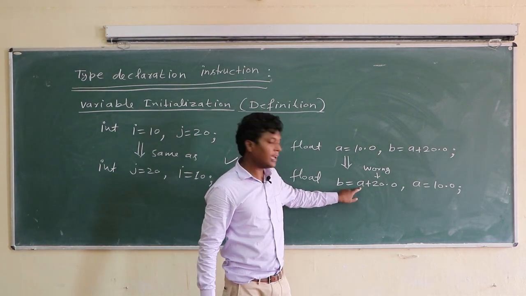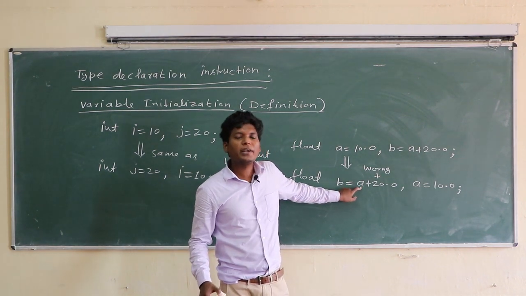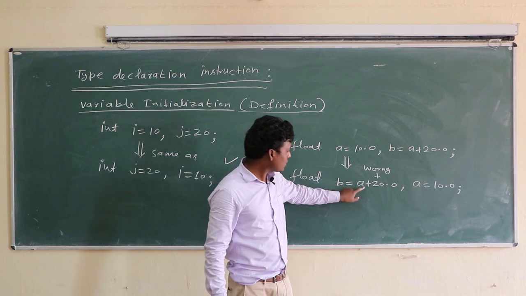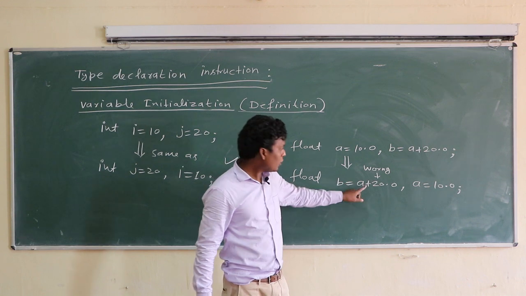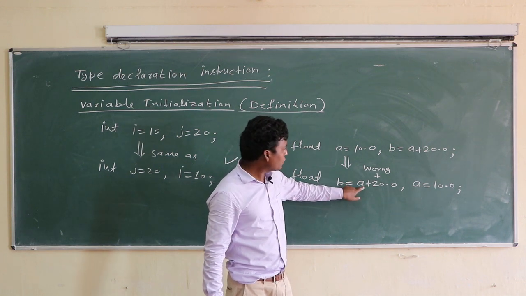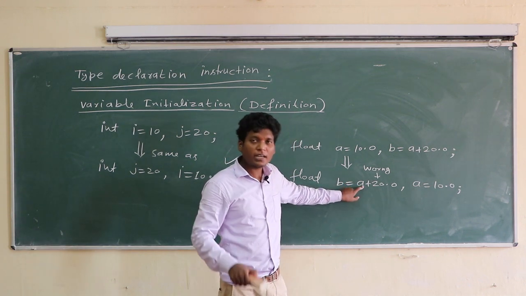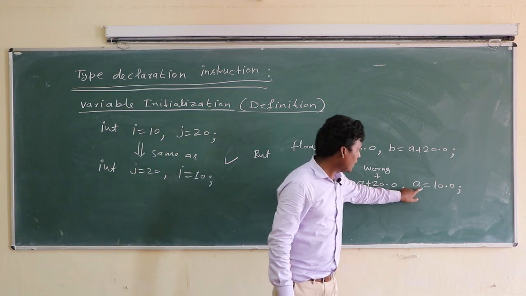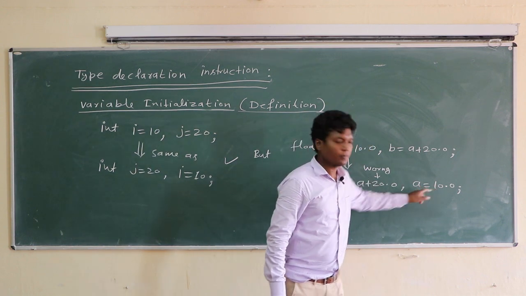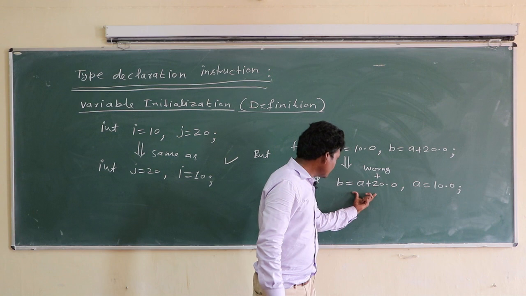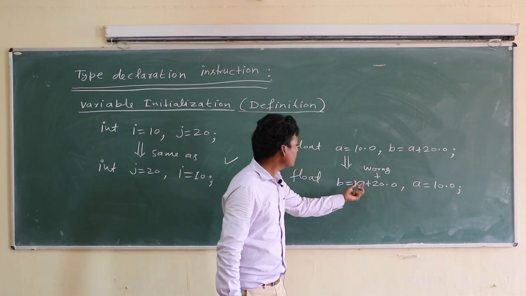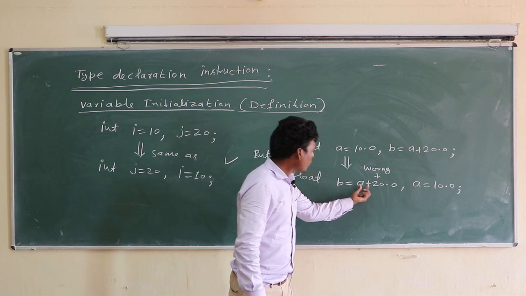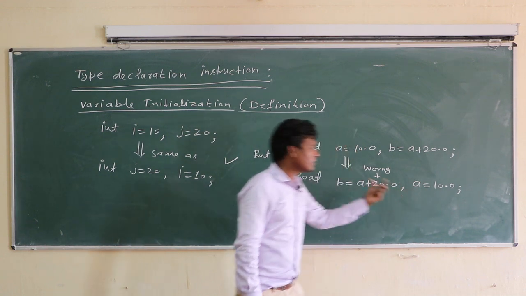You are using a here without pre-declaration. So this initialization will generate an error because you are using a before its declaration, and you declare or initialize a after that. That's why it is wrong.